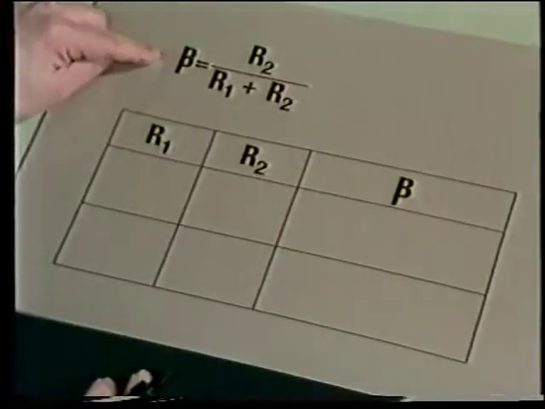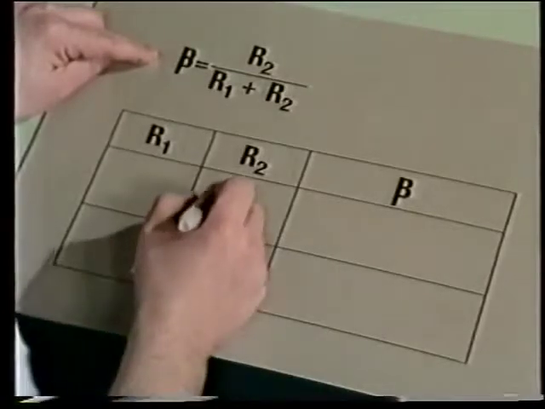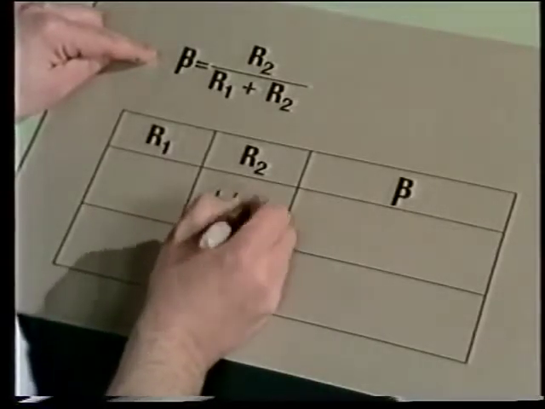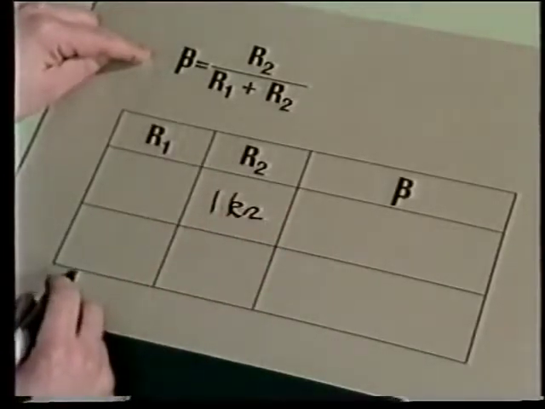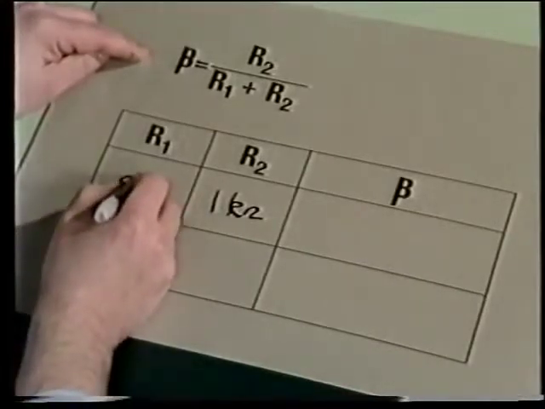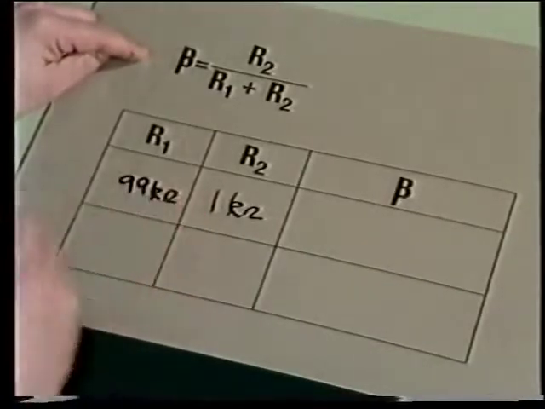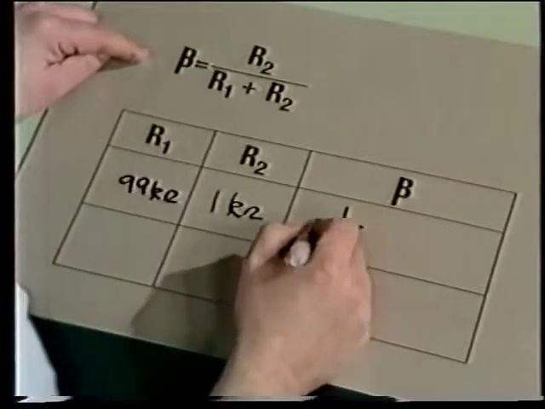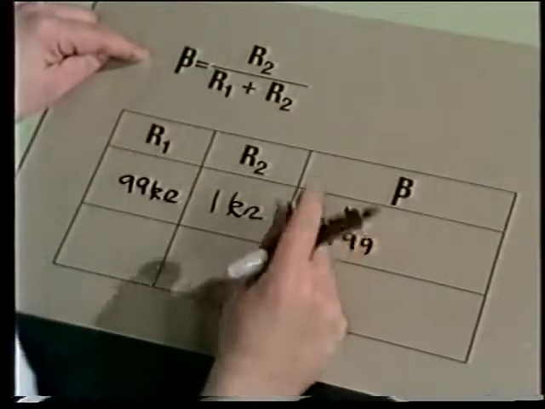Now, let's see how this fits in with the theory of the unit. The feedback fraction beta is equal to R2 over R1 plus R2, and R2 was 1 kilo ohm. So with R1 equal to 99 kilo ohm, beta is equal to 1 over 1 plus 99.